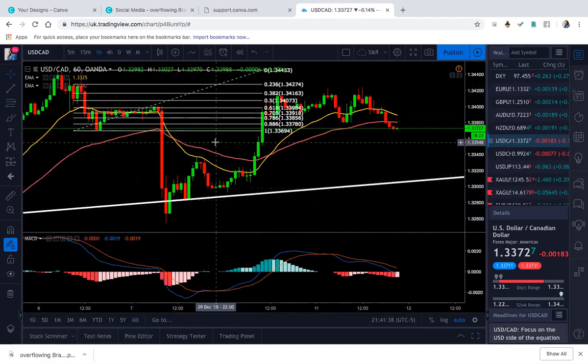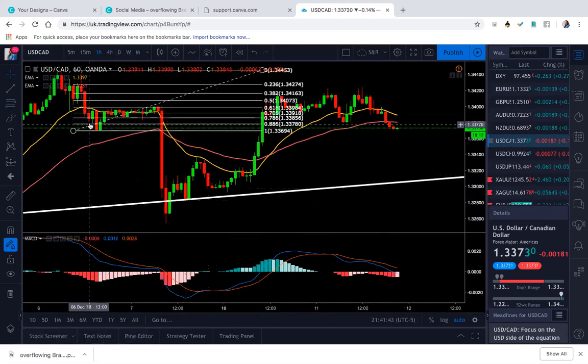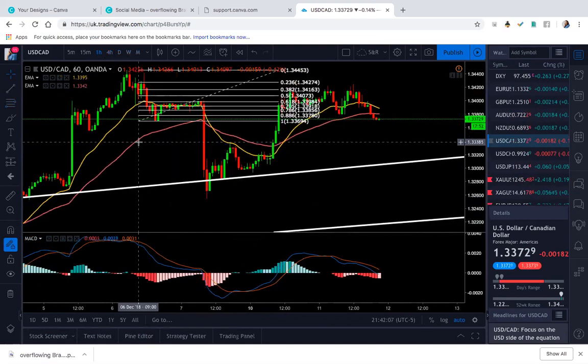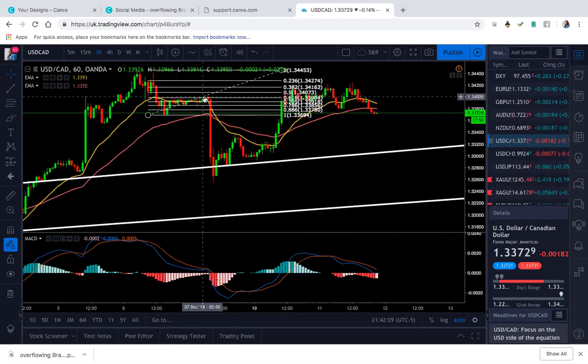So this is another way of looking for the entry on this trade. So we had an impulse flag that went straight up to 61.8, continuously testing, never able to make a higher high from this point. You can see how it's consistently testing 61.8, and then we made that major drop. So if you like using Fibonacci retracement, that's just to show you how you could have caught that move as well.